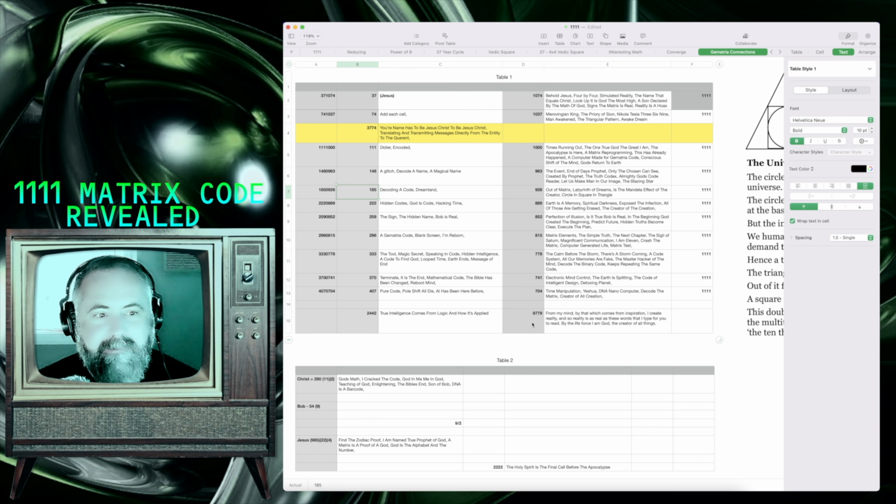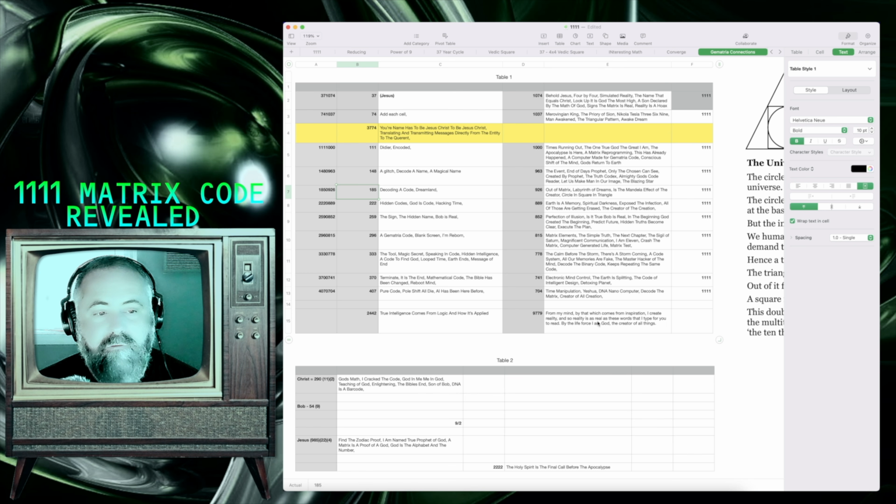Now, this phrase, this entire phrase, is generated from this number. And it's very telling. It says, from my mind, by that which comes from inspiration, I create reality.